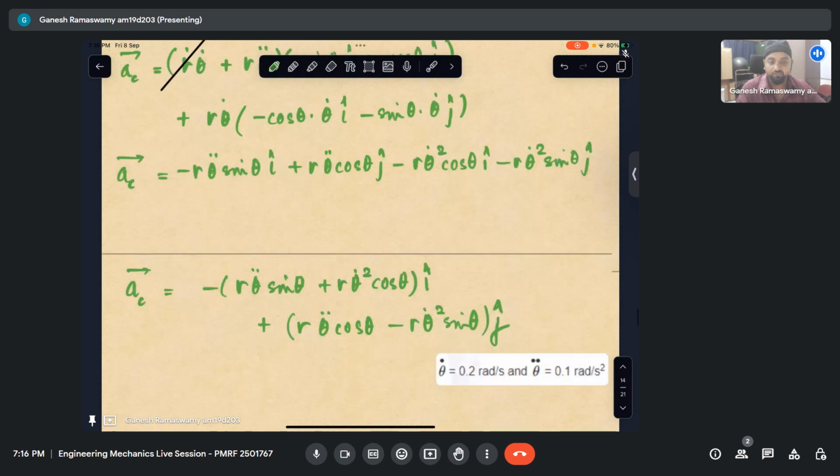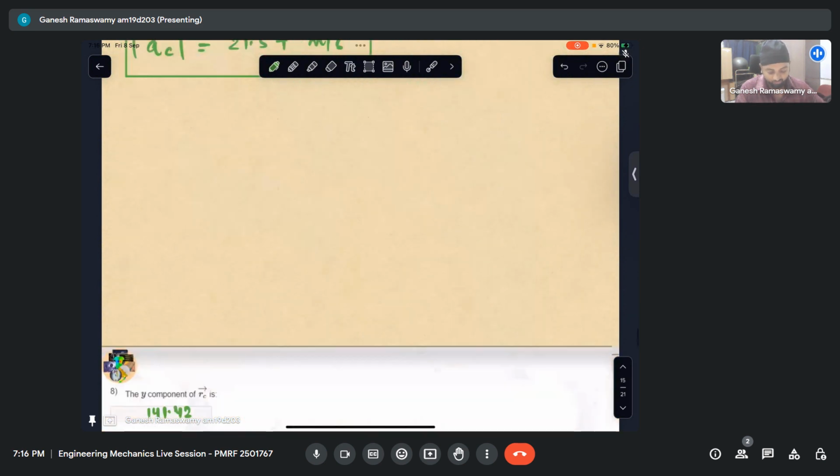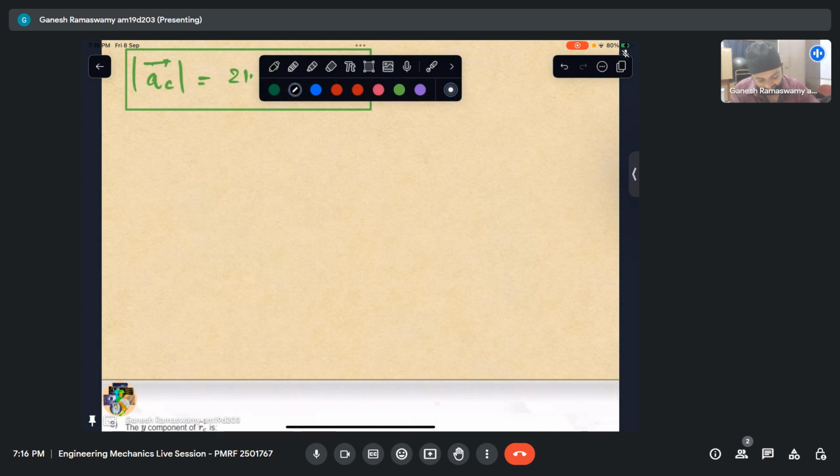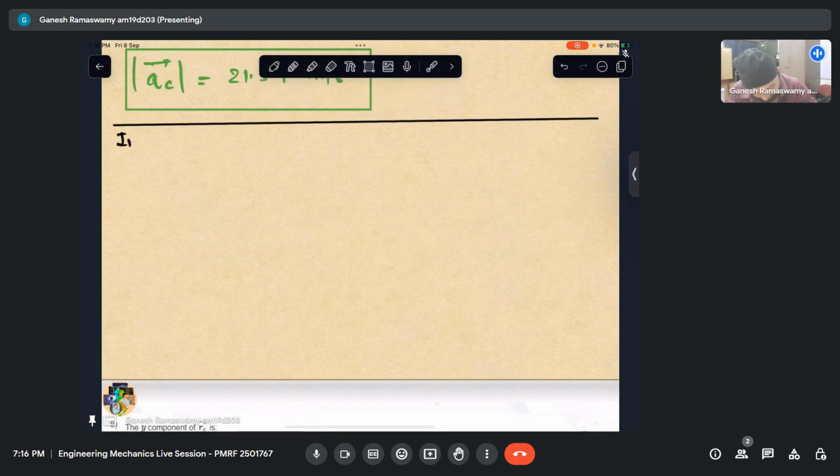So I'll just show briefly the derivation if we were to represent this in polar coordinates instead of Cartesian.